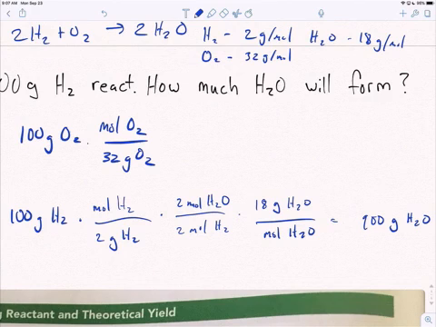Go through the balanced equation. So it's going to be 1 mole oxygen there, 2 moles.